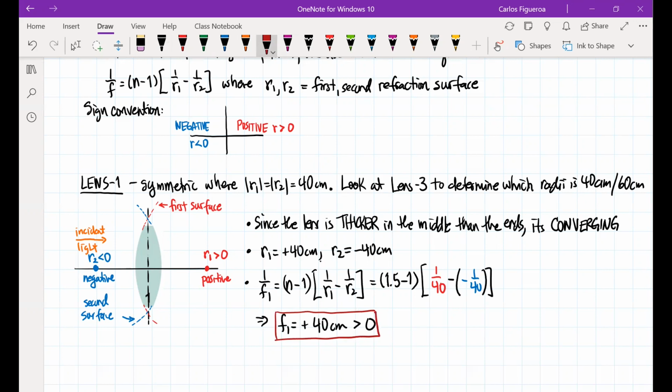Because this is positive, we then say that this is a converging lens and forms real images.